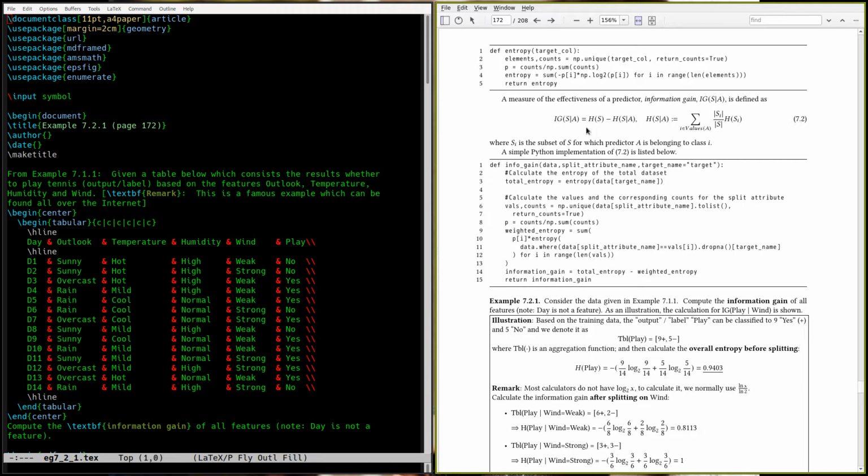After splitting, it should be lower, because it is more organized. So we subtract the entropy after the splitting. Before splitting is less organized, so that's why we have some information gain from that.